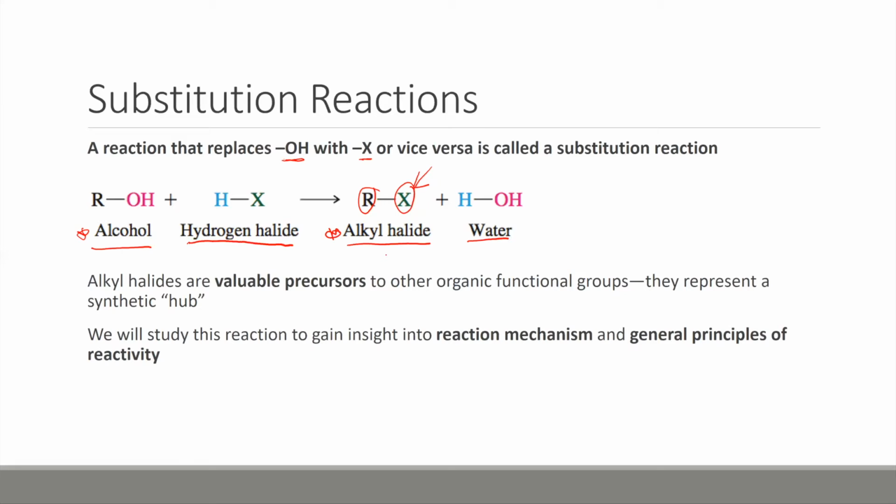Remember, in organic chemistry, usually this is a series of reactions to get to our final product. And so making an alkyl halide is valuable to then further other reactions. So again, we're going to study this reaction and look at the reaction mechanism and then just general principles of reactivity.